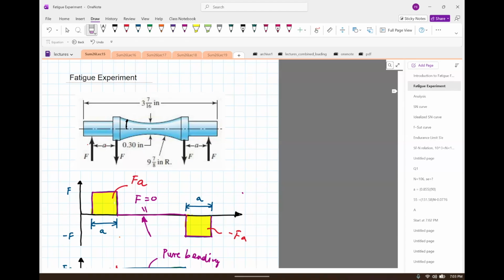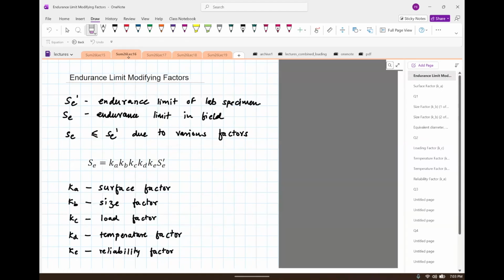By how much is determined by some of these factors. So if SE prime is the endurance strength of a lab specimen, the keyword here is lab, then the endurance strength SE in the field, by field I mean in the operating conditions in your applications, is less than SE prime due to various factors.